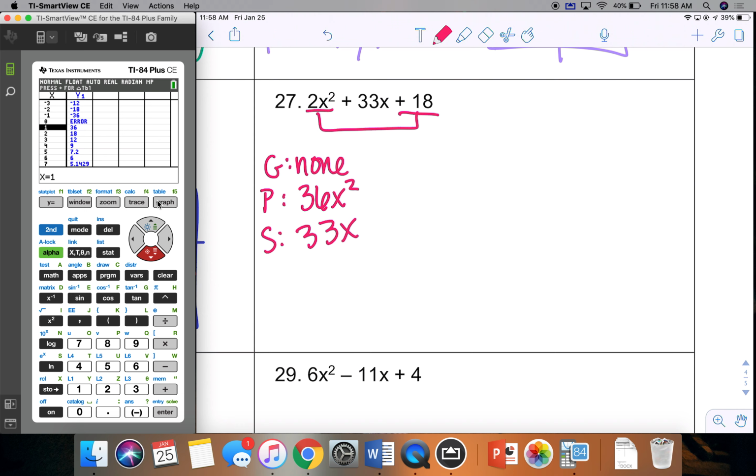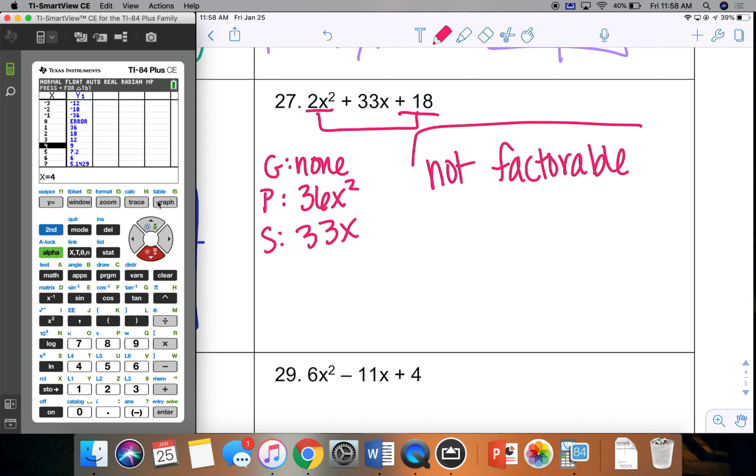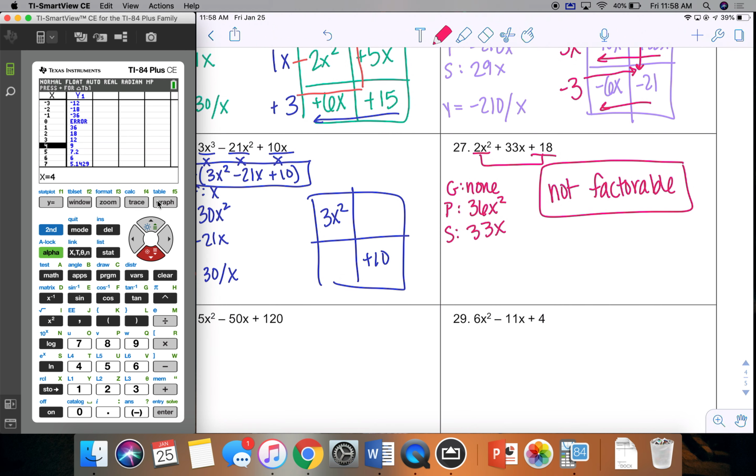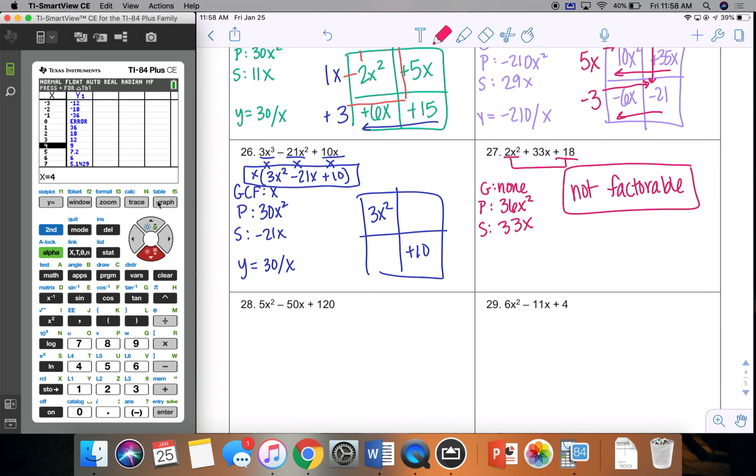However, 1 plus 36 is 37, then we hop down to 20, 15, 13, and there's nothing else, no other factors, so this one is not factorable at all. Keep in mind, this does not mean there's no solution, it just means it's not factorable. And 26 is different because in 26 we can take out a GCF, which means there is something you can factor out.